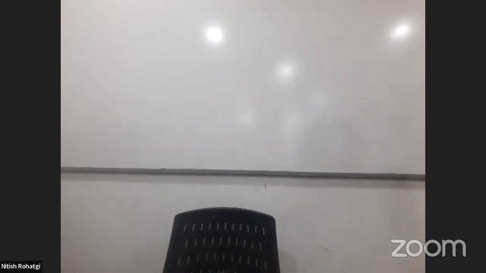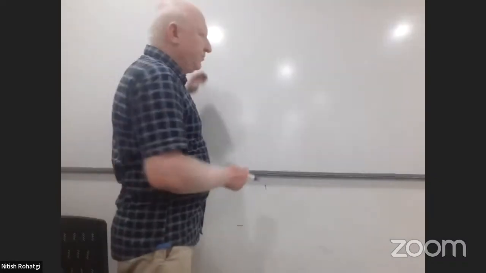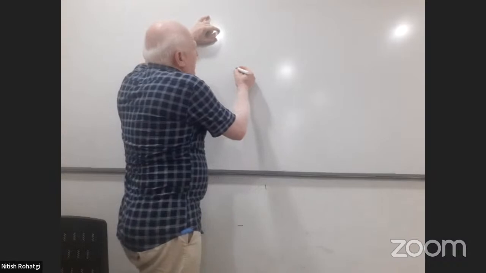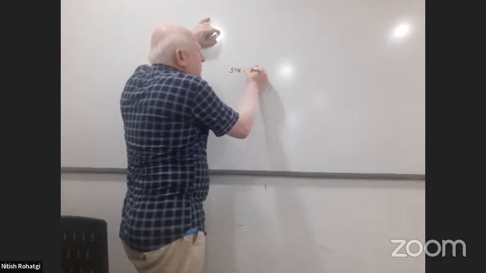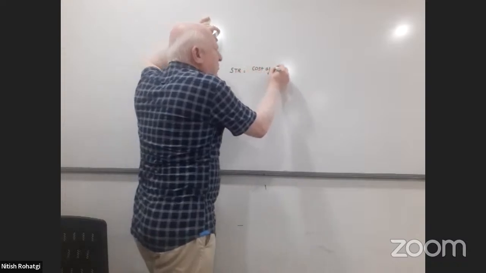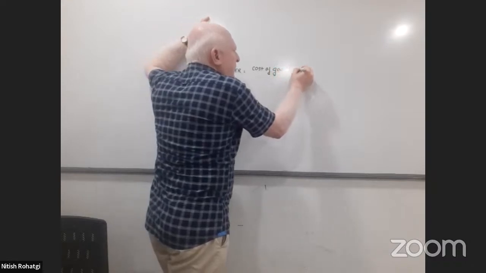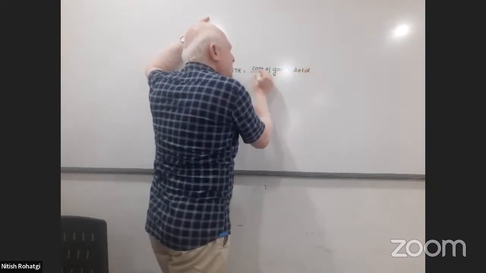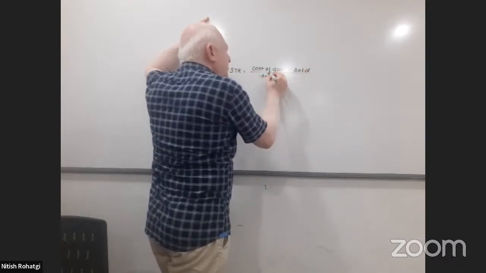How would you calculate? The formula is what? The stock turnover ratio is cost of goods sold divided by average stock.